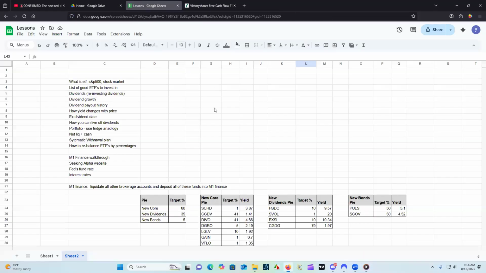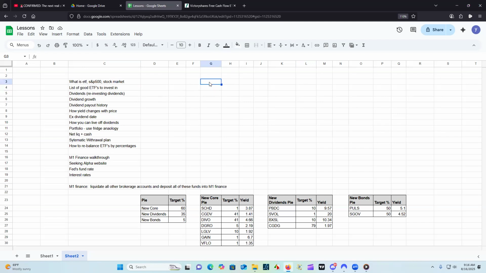So now I want to go back and talk about what is an ETF, S&P 500, and the stock market. Last time I said an ETF was an exchange traded fund that holds a number of other stocks. And you remember what stocks were. They were ways for us to invest in companies and businesses.